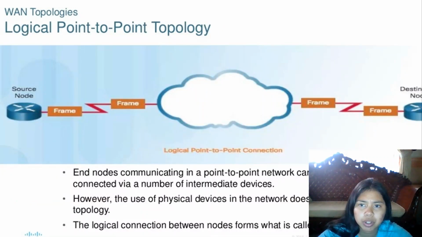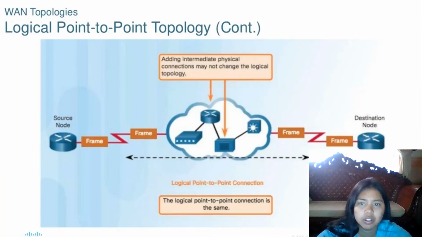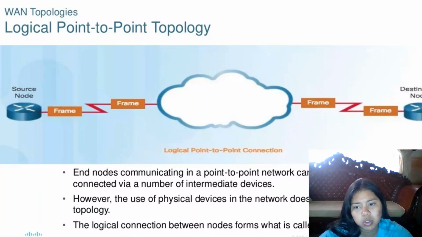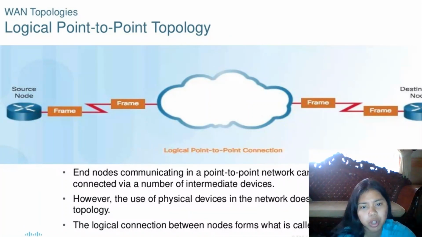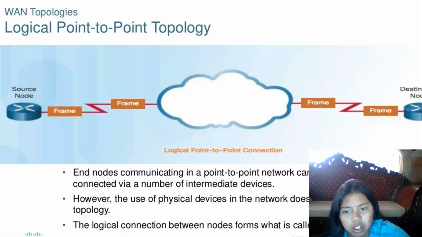Logical point-to-point topology: the source node sends a frame to the network. End nodes communicating in a point-to-point network can be physically connected via a number of intermediate devices.